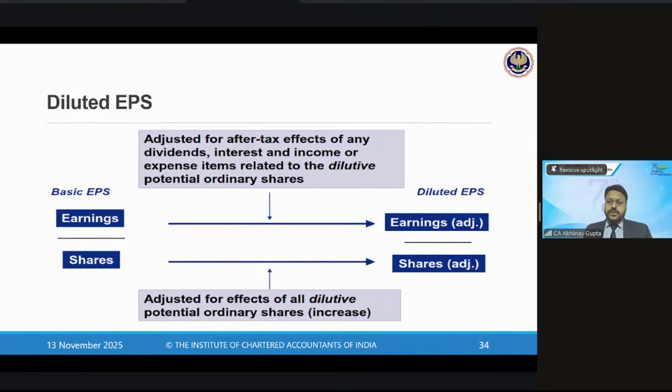Diluted earning per share should always be dilutive. It cannot increase as compared to the basic earning per share. If it increases because of any of these adjustments, then we will ignore those. That's what we had discussed in our previous class.